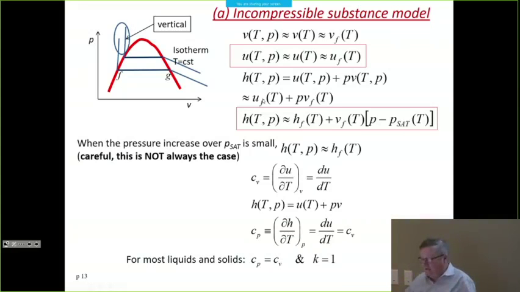Well, let's go now to the extreme limit, where these lines are vertical and the fluid is genuinely incompressible. That means that the specific volume, which in general is a function of temperature and pressure, is actually only a function of temperature. Well, if it's only a function of temperature, then we don't need to look up in a table with temperature and pressure.